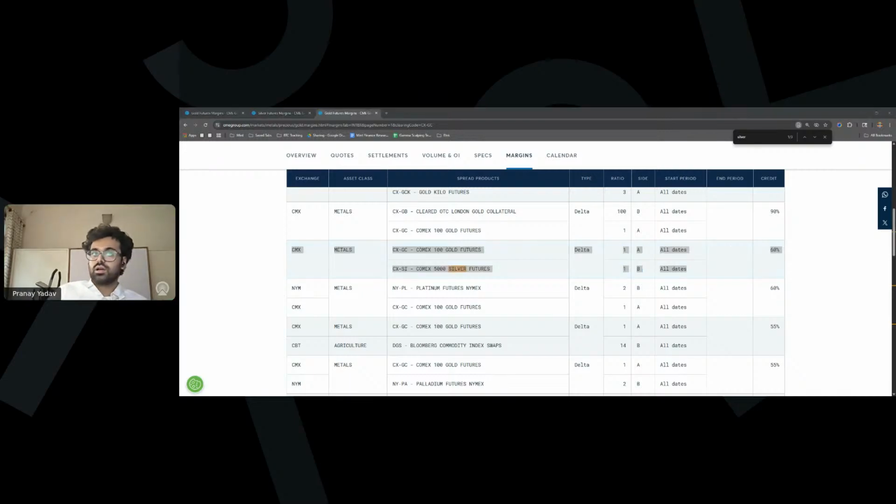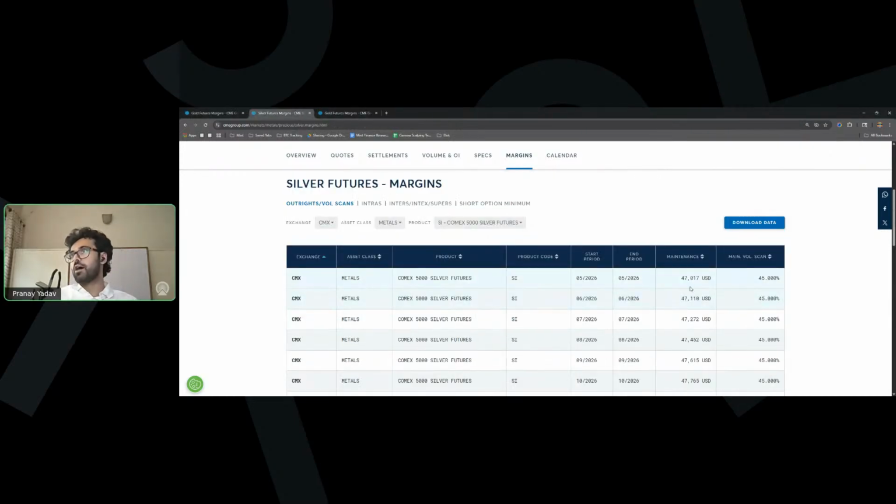That means from that 70,000 of margin that would have been required to be posted for each of those individual positions, for the spread you actually only have to maintain margin of $47,600. That's lower than the individual requirement for silver, for instance, right?